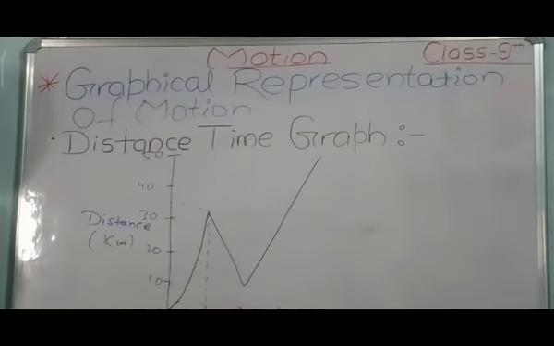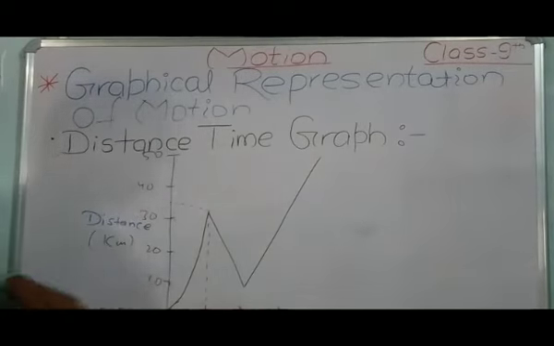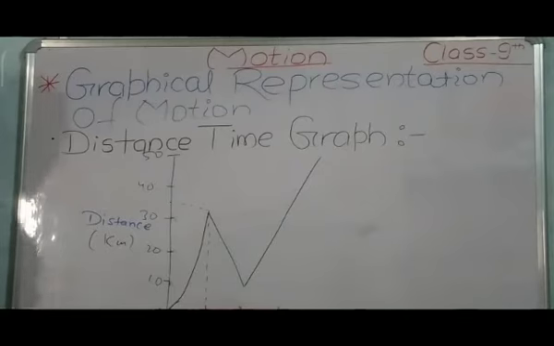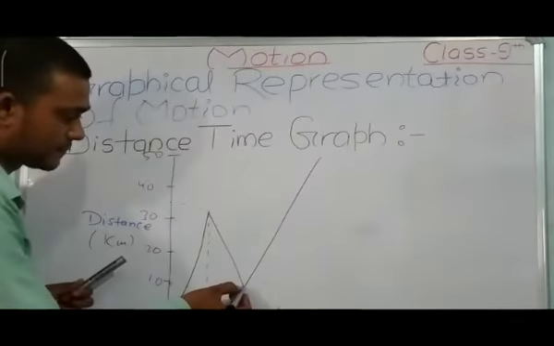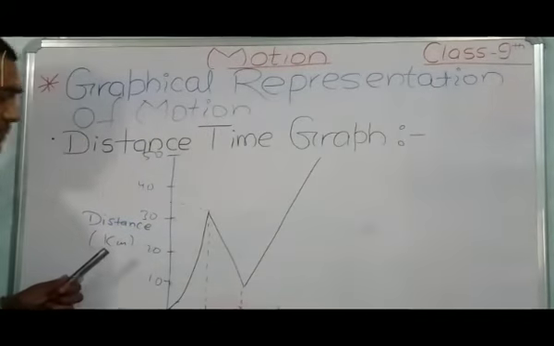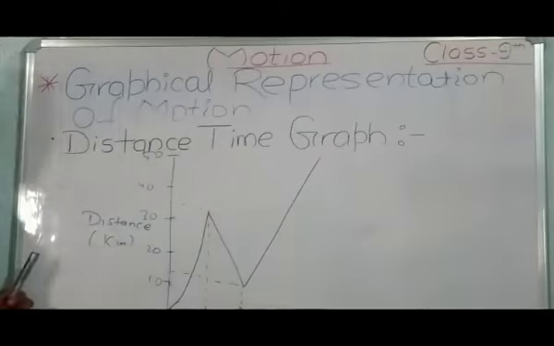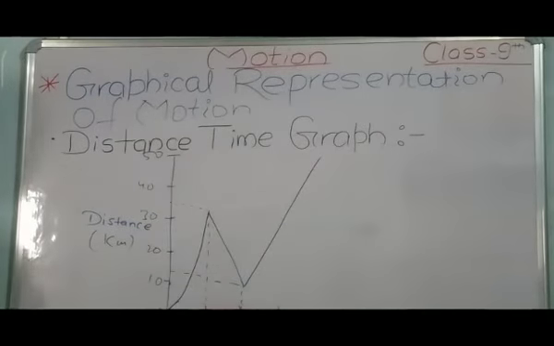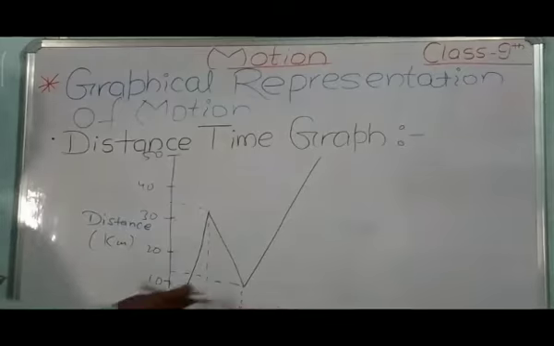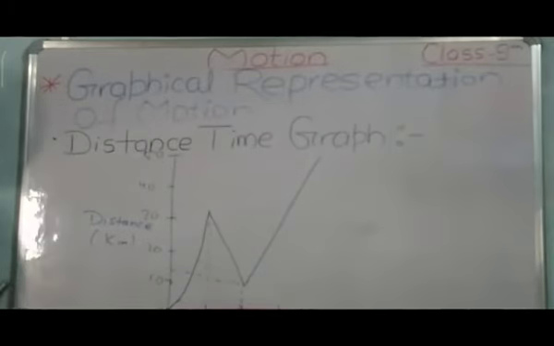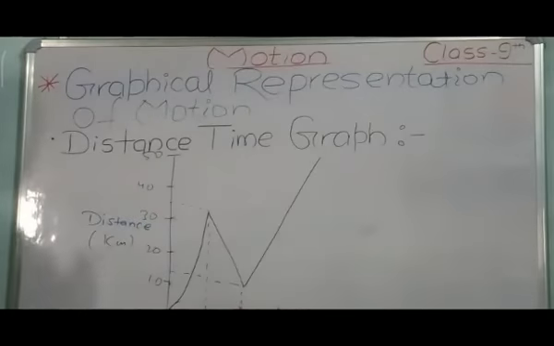If an object covers 35 kilometer in 1 hour, then in the next 1 hour it covers only 15 kilometer. So by this graph we can easily say the motion is non-uniform motion.